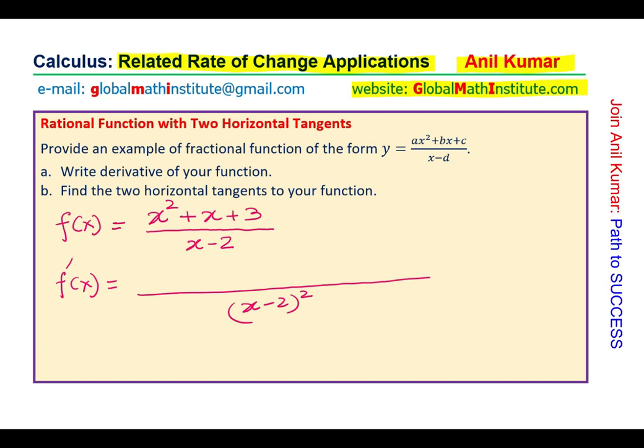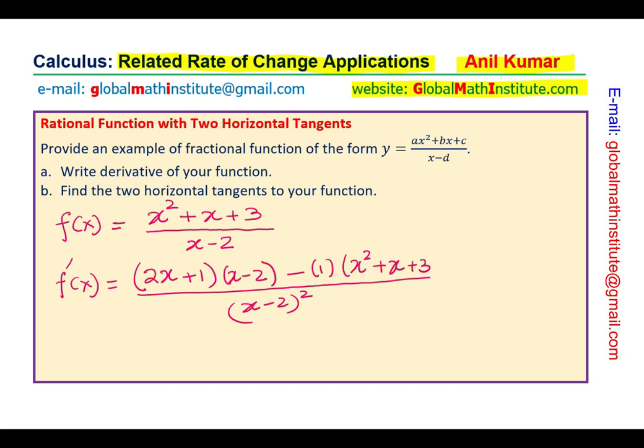Now derivative of x squared plus x plus 3 is 2x plus 1, so we'll multiply this by x minus 2, and then we are going to subtract derivative of the denominator times the function itself, which is x squared plus x plus 3, right?